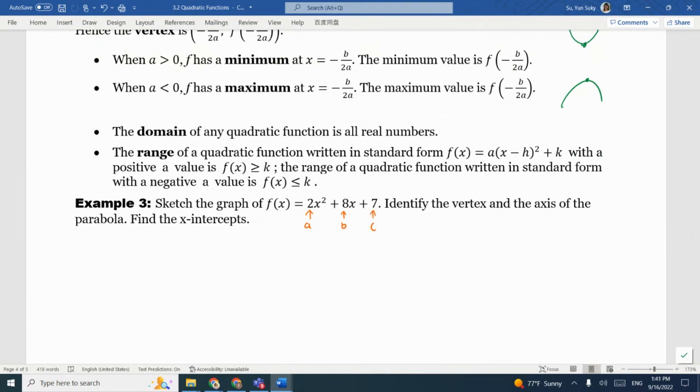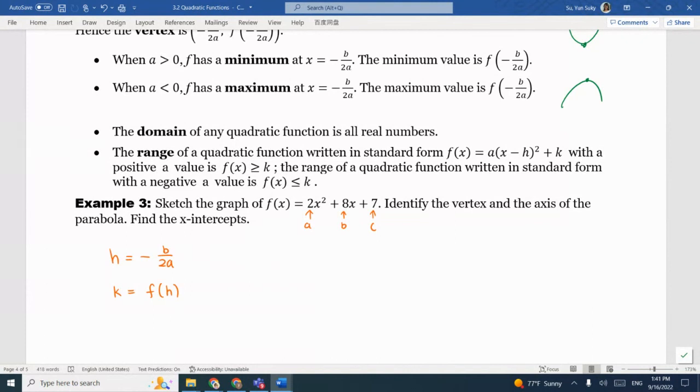And then you just plug into your formula. Your formula: h equals negative b over 2a, and then our k is f of h. So far, so good, everybody?